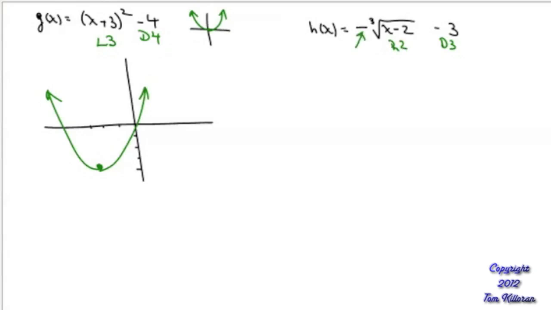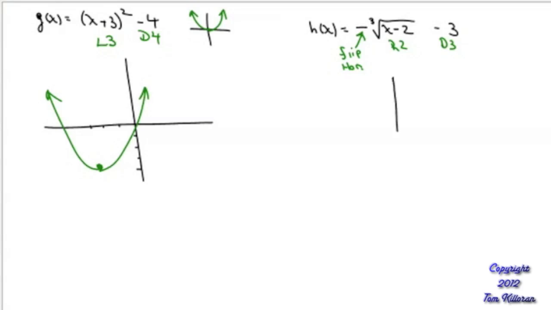Flip it which way? Horizontal. How did I know it was horizontal? Because the negative is out in front of the function. If it's inside the function on top of the x, it'll be vertical, but I don't do very many of those because they're very tricky.